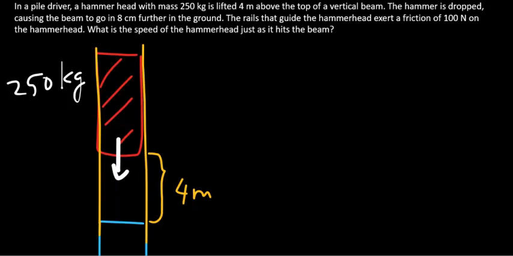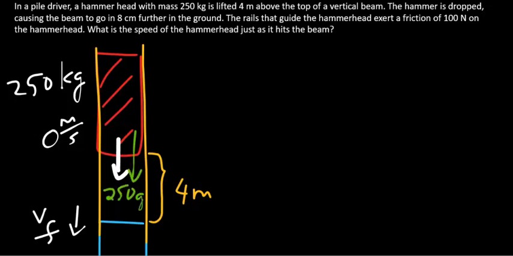Of course, we assume that the hammer takes off from rest, and we want to determine the speed when it hits the beam. Let's look at all the forces that are acting on this hammerhead. First is, of course, its weight, which is 250 times gravitational acceleration. And then you have this total friction of 100 newtons heading upward.